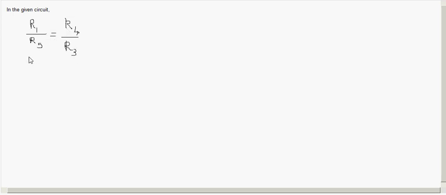Therefore, the Wheatstone bridge is balanced.